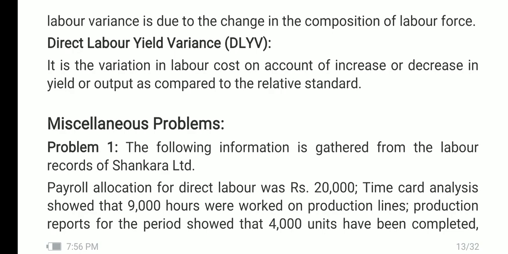In the case of material cost variance, we compute material yield variance. In a similar manner, labor yield variance is computed. So, it is the variation in labor cost on account of increase or decrease in yield, that is change in yield or output as compared to the relative standard.